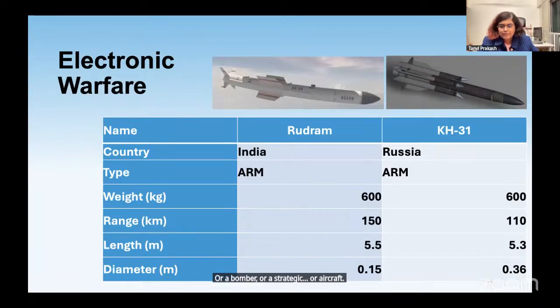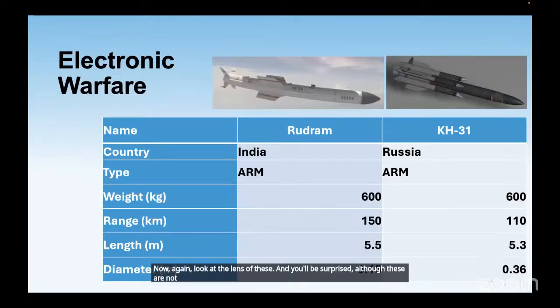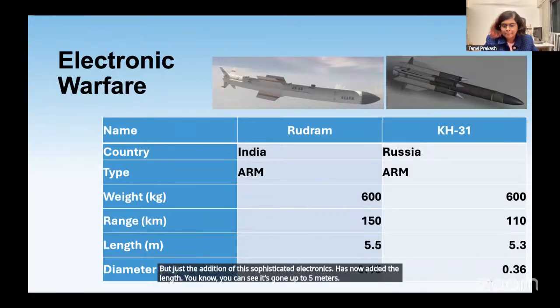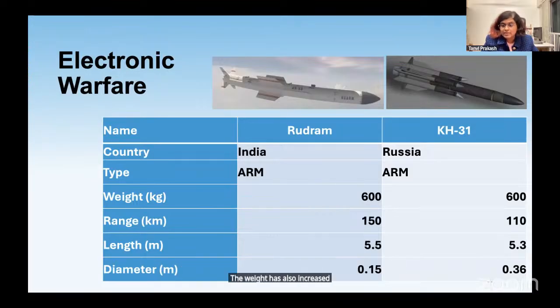Now again, look at the lengths of these. You'll be surprised, although they are not just explosive payloads, the addition of this sophisticated electronics has added to the length. You can see it's gone up to 5 meters. The weight has also increased, up to 600 kilograms.